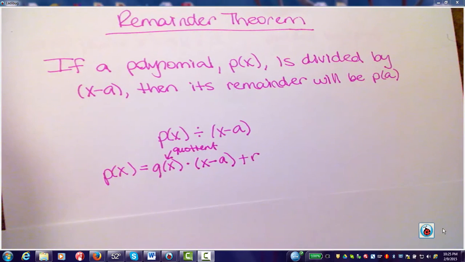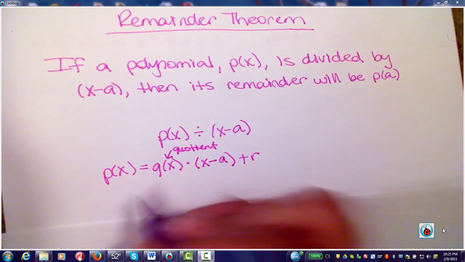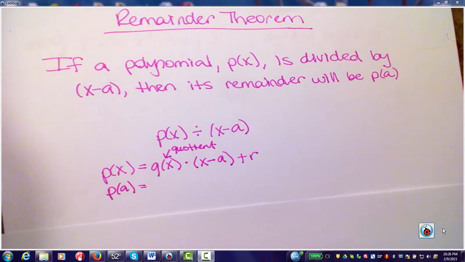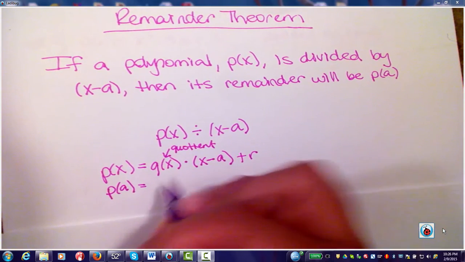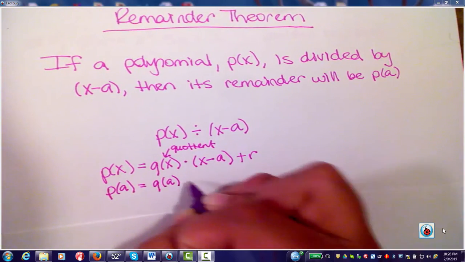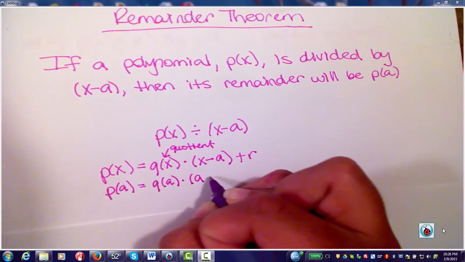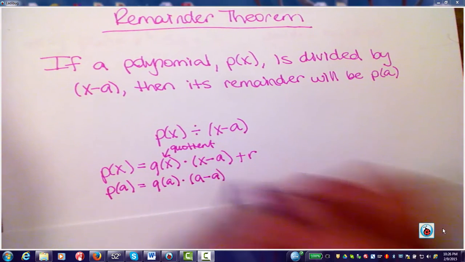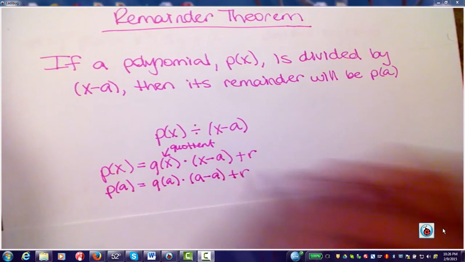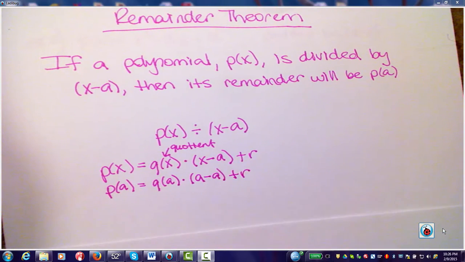So now let's take a look at p of a. We will substitute a for wherever we see x. So p of a equals q of a times the quantity a minus a, plus r. Now we can simplify.